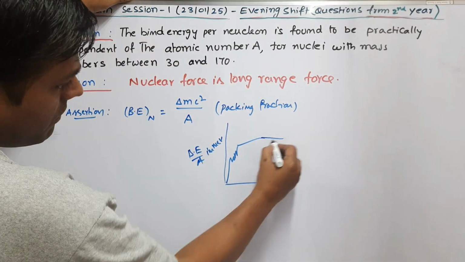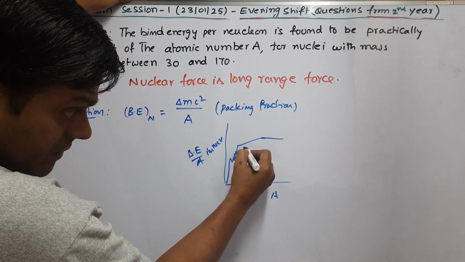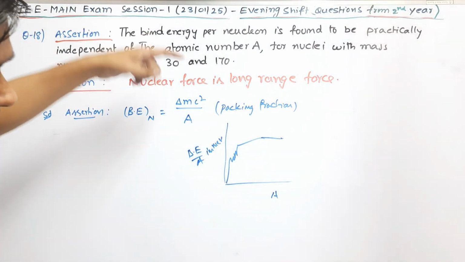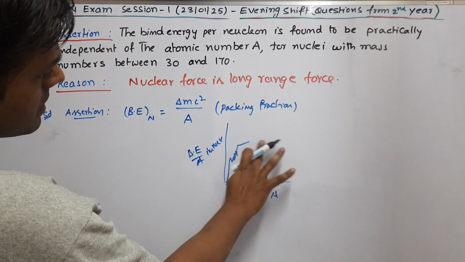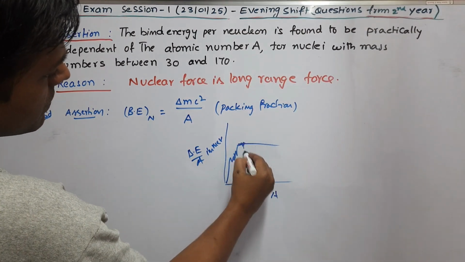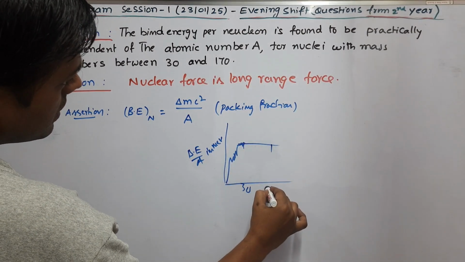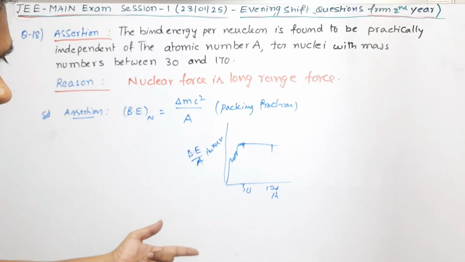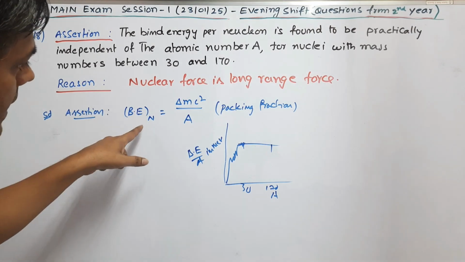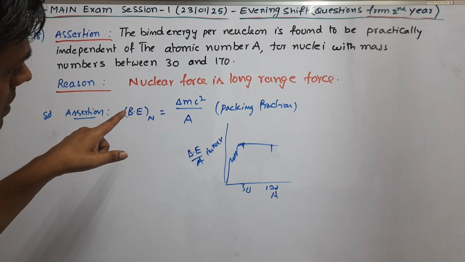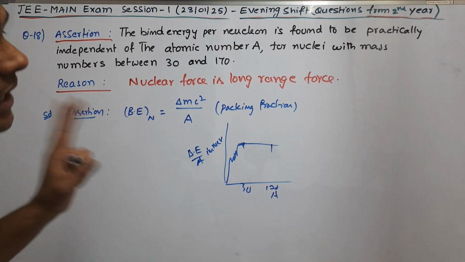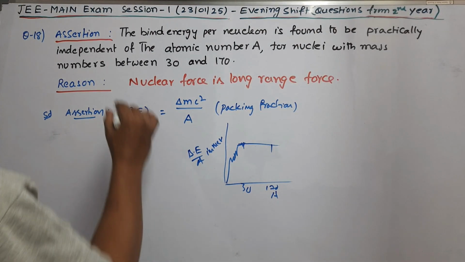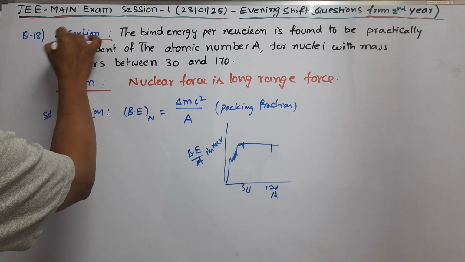But from 26 onwards up to 250, the graph varies only slightly, and approximately between 30 and 170 it is independent. Binding energy per nucleon gives the stability of the nucleus. So, the given assertion is correct.